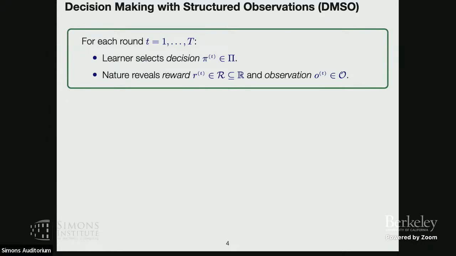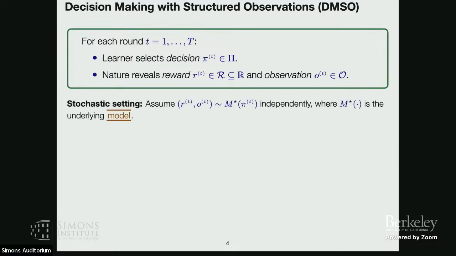Big Pi here is our decision space. Based on this decision, we get some kind of reward, and we also see some kind of auxiliary observation. Our goal is to learn to maximize this reward as we go. If you've worked on bandit problems, this should look pretty familiar. I'll show in a second that the added generality here allows us to encompass things like reinforcement learning. But first, I need to get through a few more details on the setup.